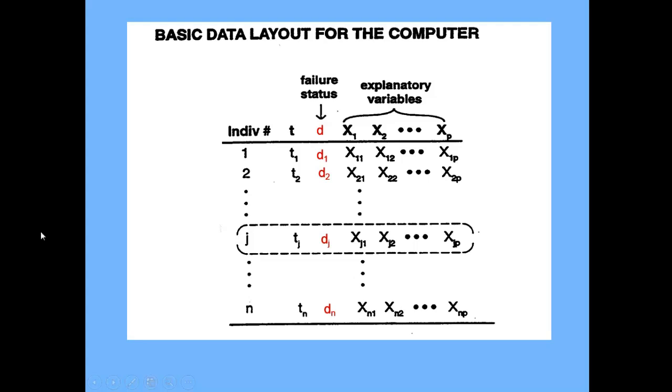You have a line of data for each person in your data set that describes what happened to them, whether they were censored or failed, their survival time, and what these other variables are. So that's one key thing.